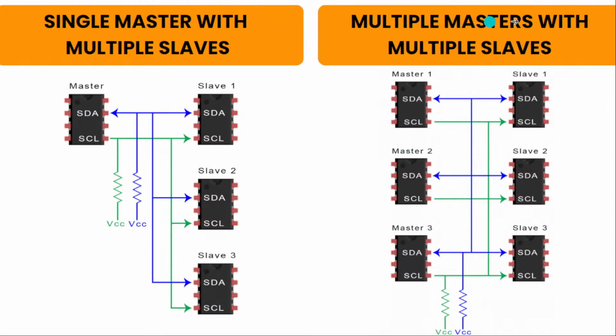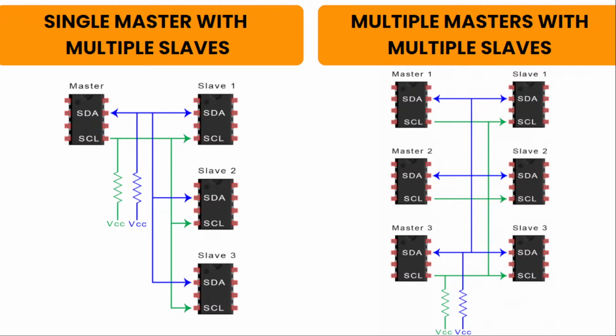And coming to multiple master with multiple slave, multiple masters can be connected to a single slave or multiple slaves. The problem with multiple masters in the same system comes when two masters try to send or receive data at the same time over the data line. To solve this problem, each master needs to detect if the data line is low or high before transmitting a message.